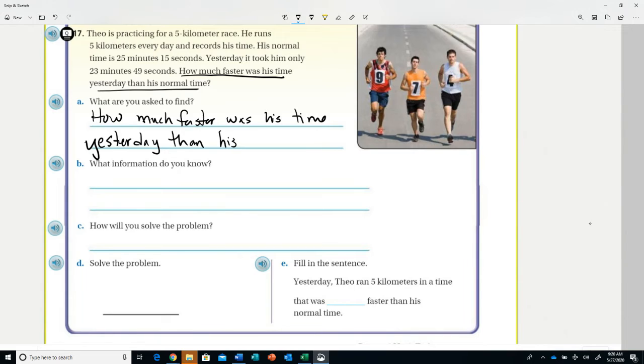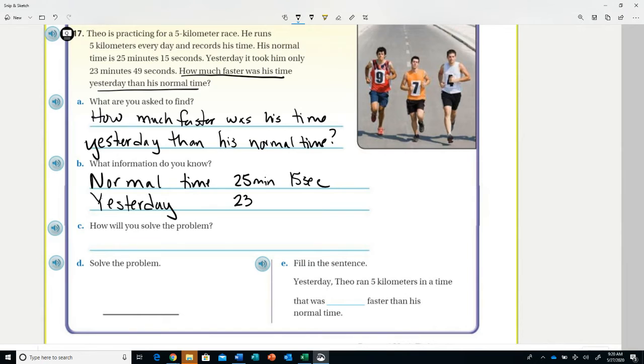And maybe I'm just copying this. What information do we know? We know his normal time, which was 25 minutes and 15 seconds. And we know yesterday's time, where he ran 23 minutes and 49 seconds.